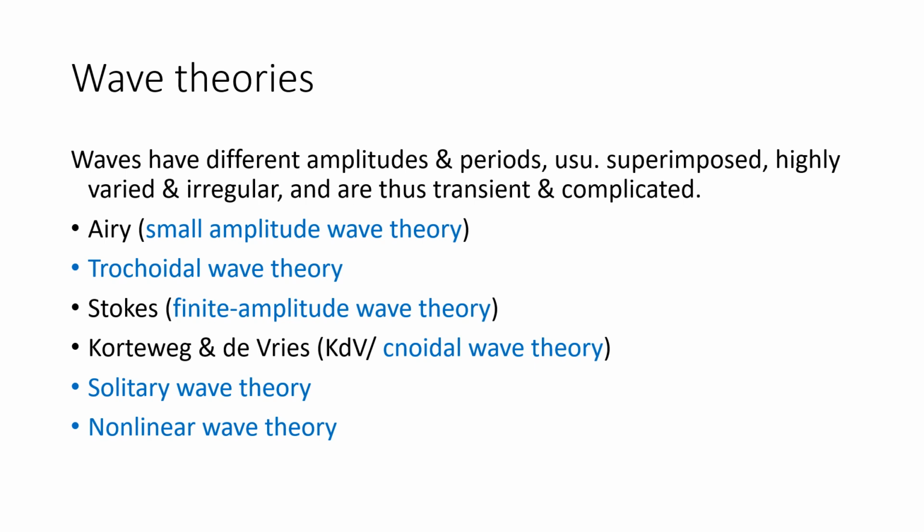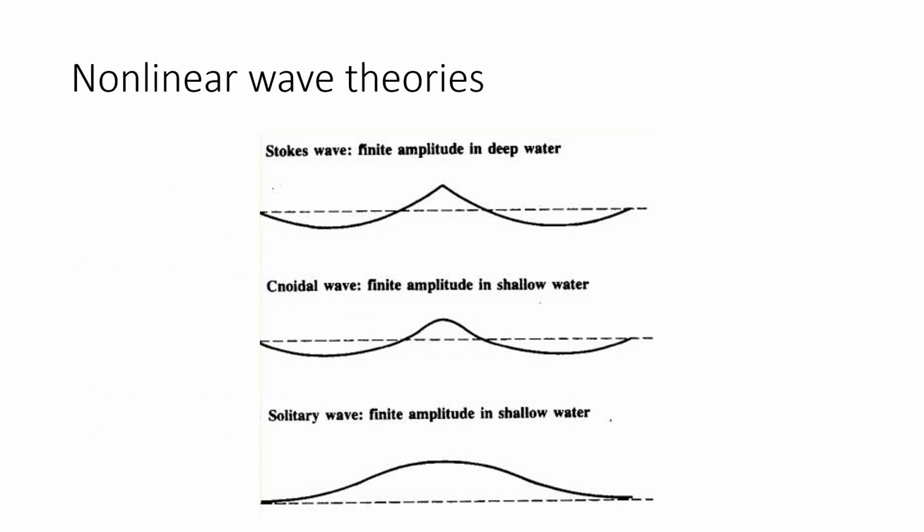Each and every type of wave theory differs, and it is beyond the scope of our present lecture. These are examples of different nonlinear wave profiles. What we see here is an example of Stokes waves, whereby as you observe there is a sharp peak.